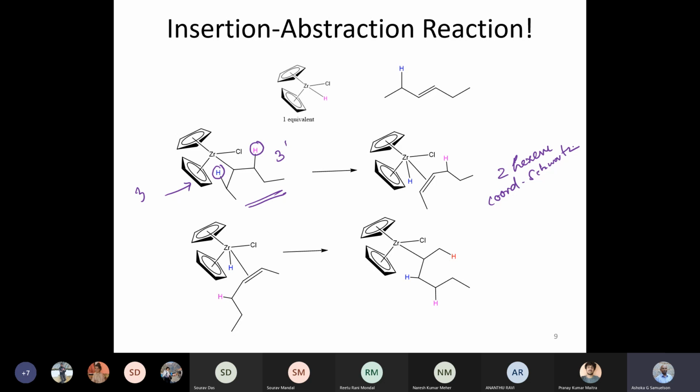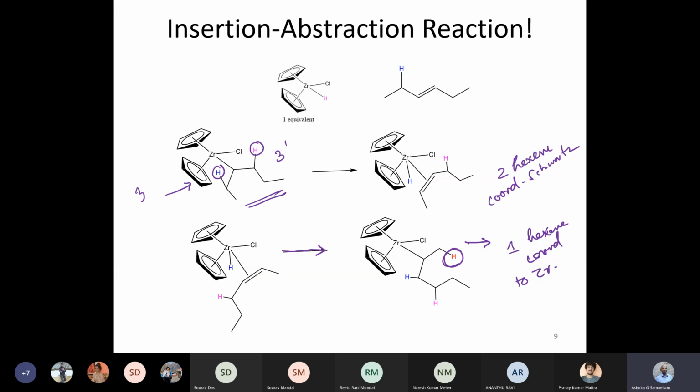So this can again undergo an addition elimination reaction. In other words, now if it adds on hydrogen, here is the second species. This will lead to a second option where I can now remove the red hydrogen, and it will lead to 1-hexene coordinated to zirconium.